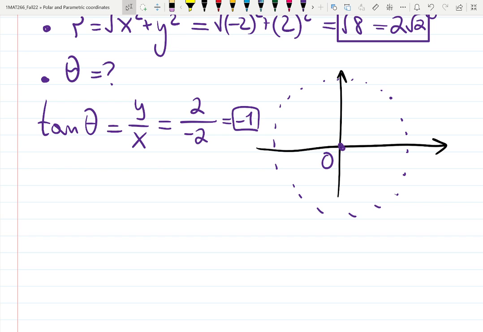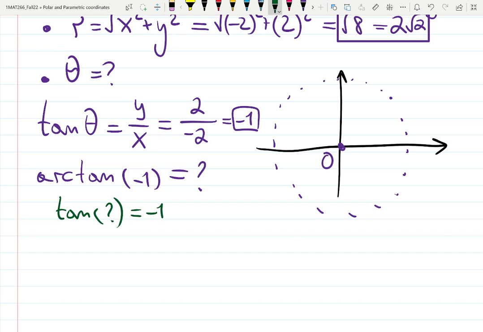The question is, arctangent of minus 1 is what? Usually I teach people like so: tangent of what angle gives me minus 1?